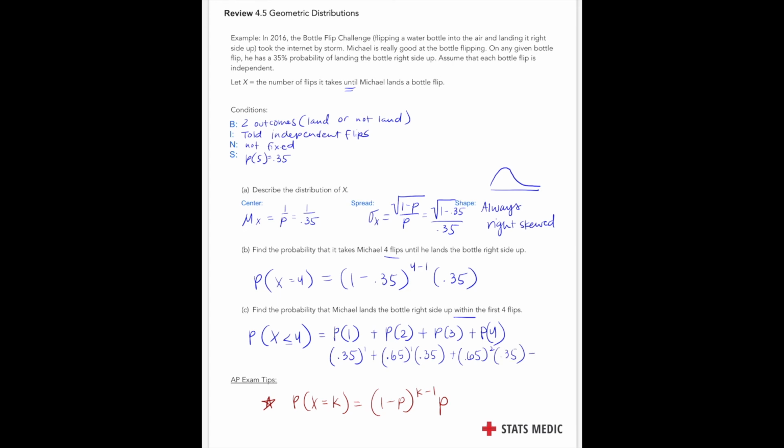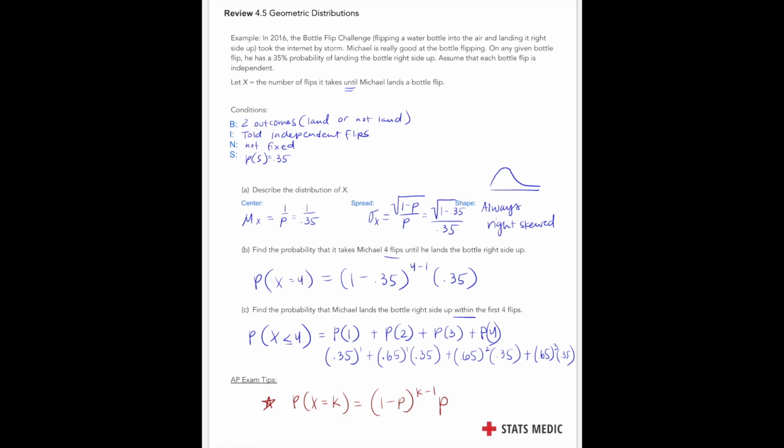And then on the fourth time, let me move all this over actually. No more space. Okay, that's what happens, whatever. Okay, and then on the fourth time, I'm gonna do 0.65 to the third, and then times 0.35. So this was a little extensive.